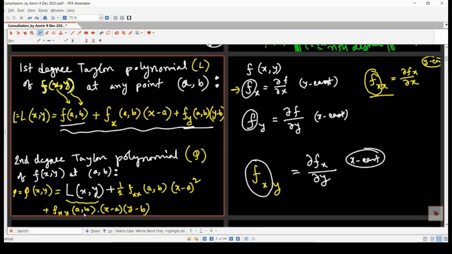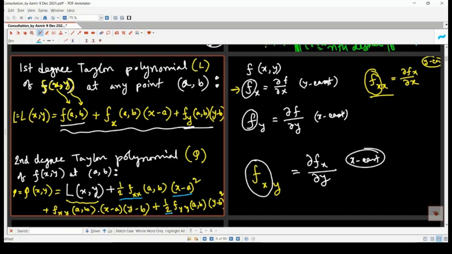Now let me write 1 over 2 f sub yy of a comma b times y minus b squared. So you can easily remember this one. At first, 1 by 2 f sub xx times x minus a whole squared.